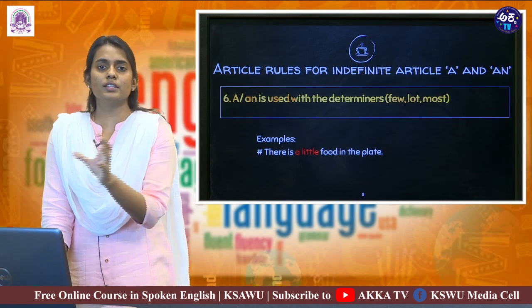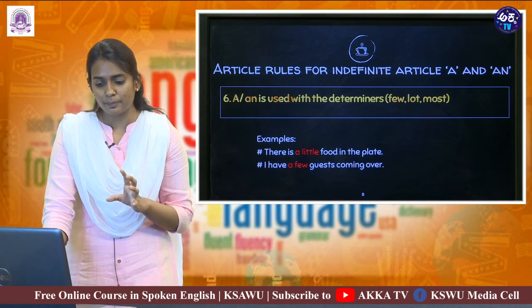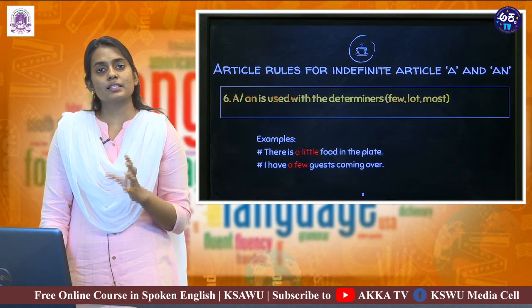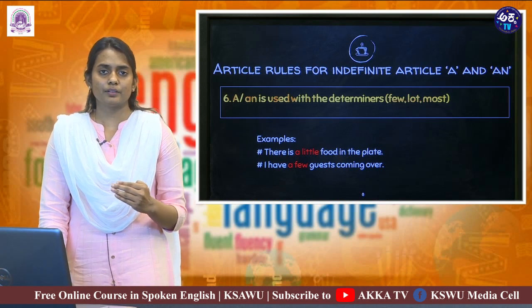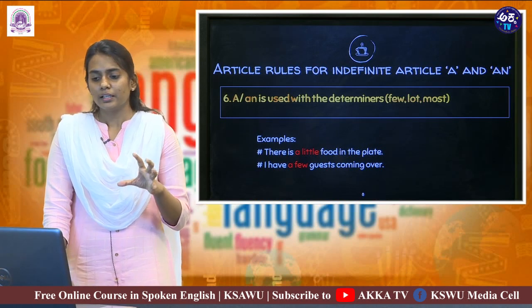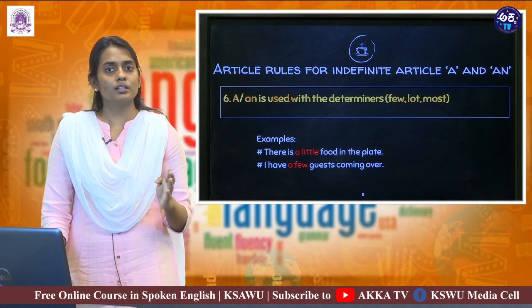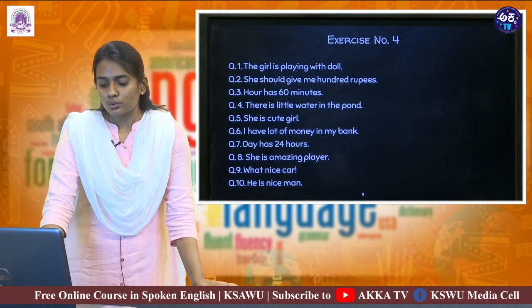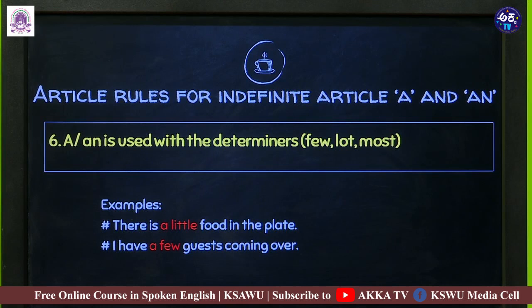Okay, a little food is there on the plate. This is one of the examples. I have a few guests coming over. A few guests are coming. So here you can see that with the determiners we are using the articles a or an. So this is all about the indefinite article rules.